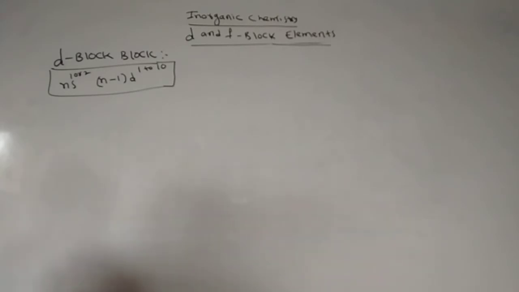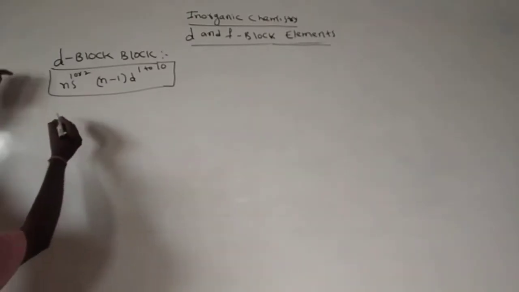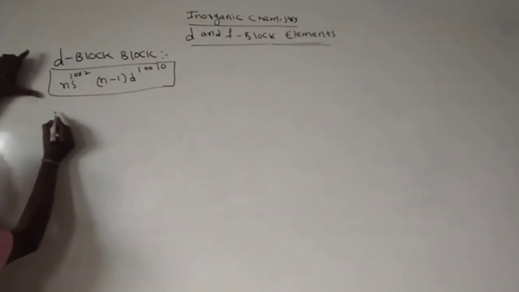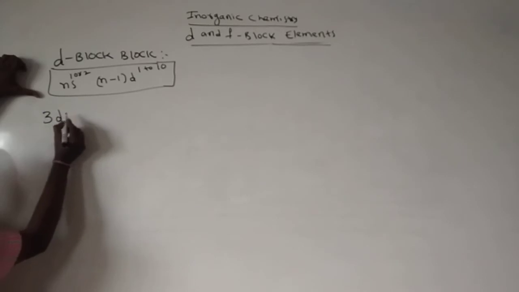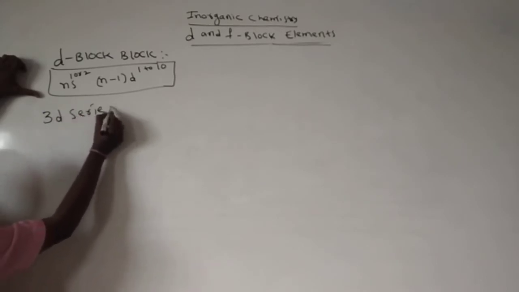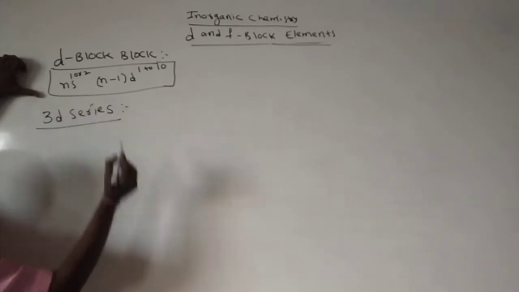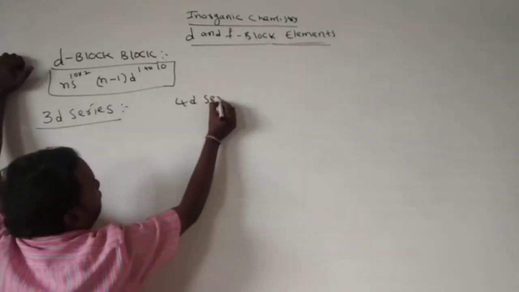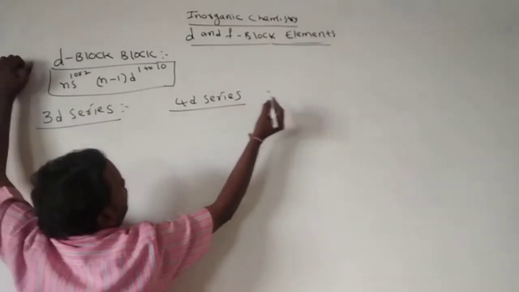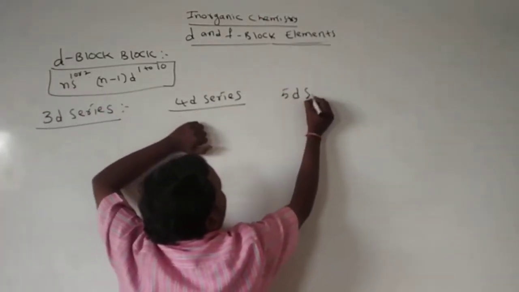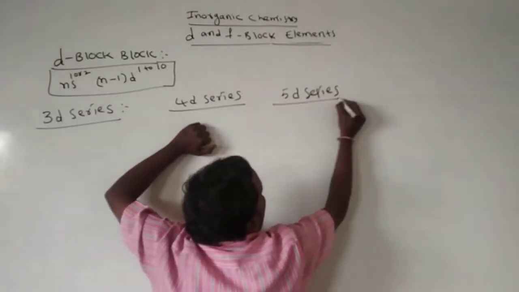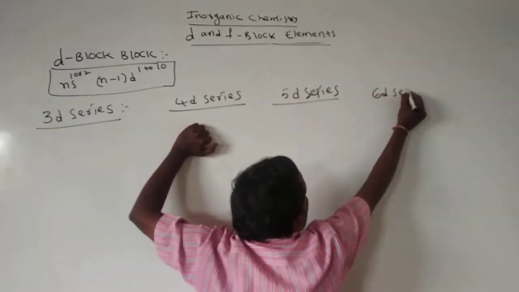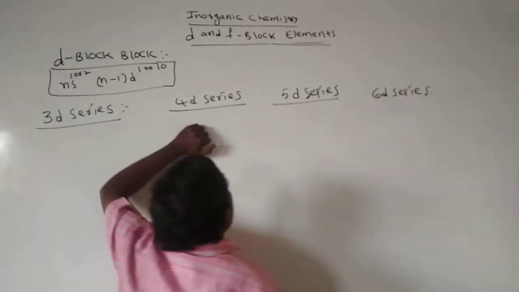The d-block elements are arranged in four series: the 3d series, 4d series, 5d series and 6d series.